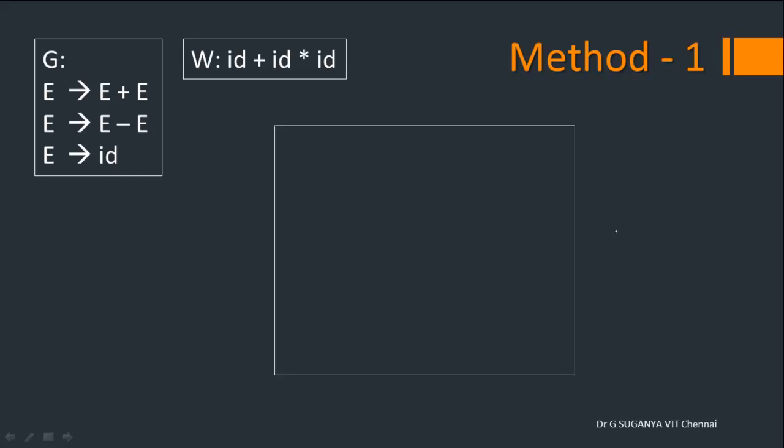The first method goes like this. Let us start from the start symbol, because it's always a mandatory requirement to start with the start symbol. So the word that we are going to derive is id plus id star id, and as usual, the input buffer will start scanning your input from left to right. Check the first symbol, it is id. Try to map it with the right hand side.